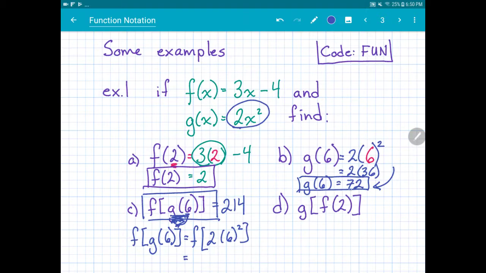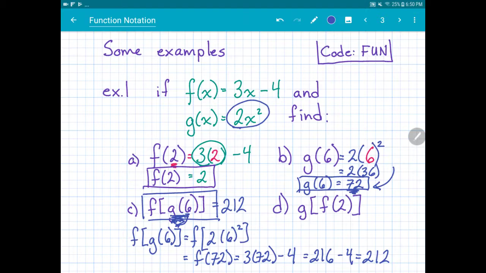Now we already know what the result of that is because we did it over here. So it's going to be F of 72, which is equal to 3 times 72 minus 4, which will be 216 minus 4, which will be 212. That should have been 212.